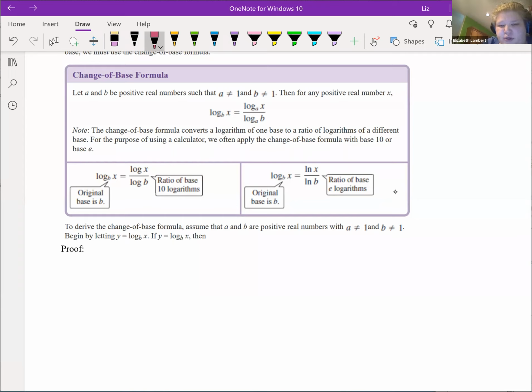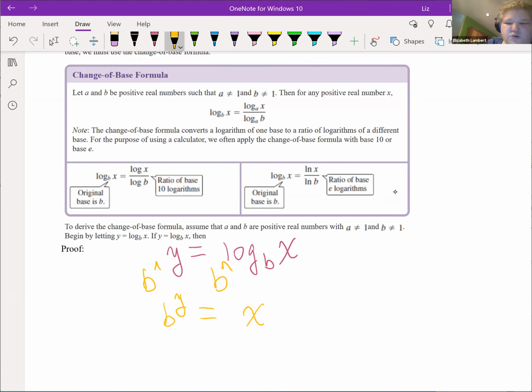If that is true, then I can rearrange this into the exponential form, which remember I do by using the actual function, applying it on both sides, and this is now b to the y is equal to x.